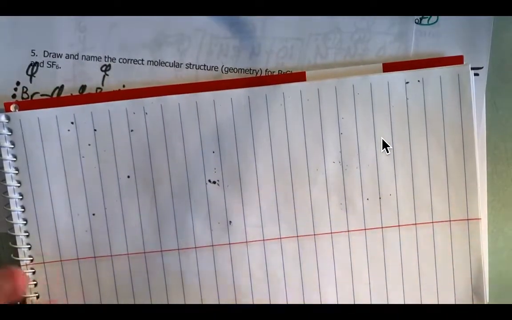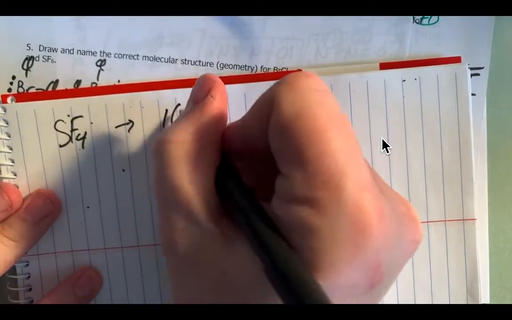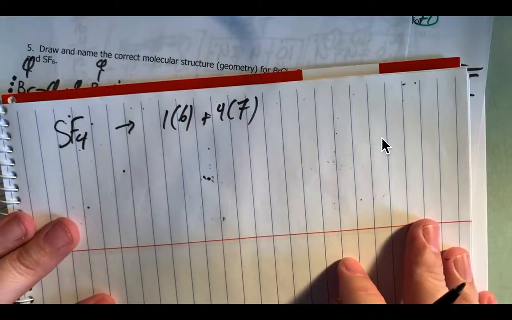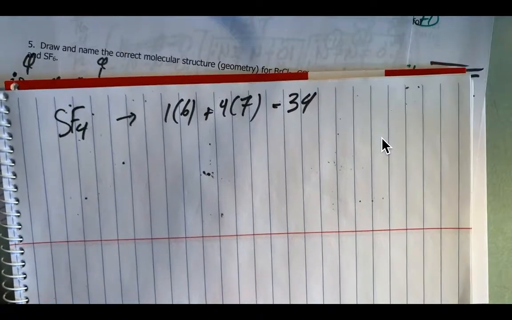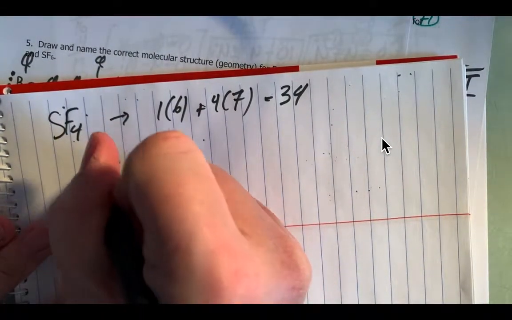All right, we have SF4. So 1 sulfur, 4 fluorines, 28 and 6 gives me 34 valence electrons to assign. Sulfur's in the middle.